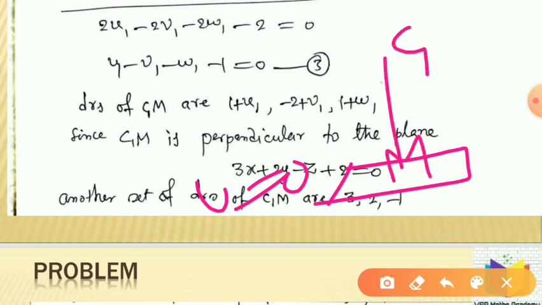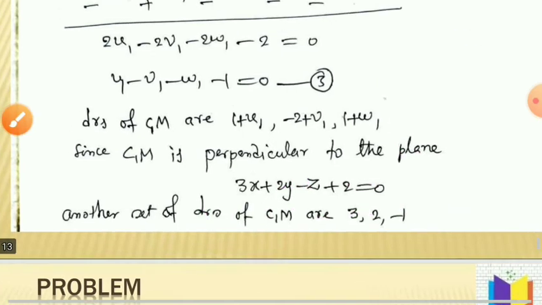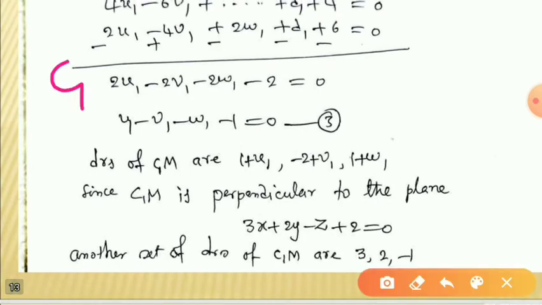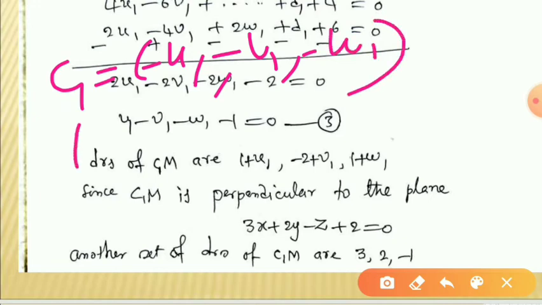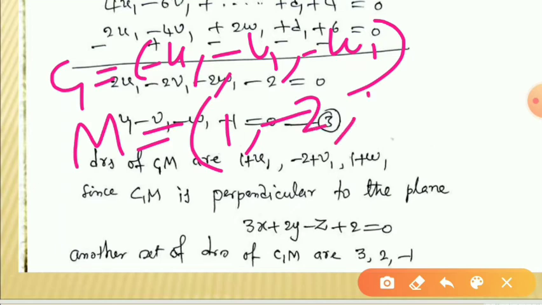Therefore, since C1 is equal to minus u1, minus v1, minus w1, and M is equal to 1, minus 2, 1.